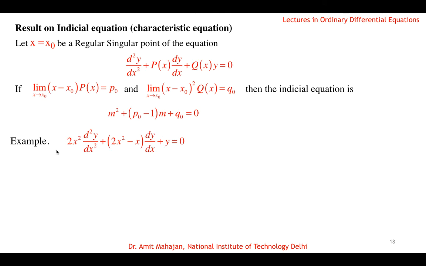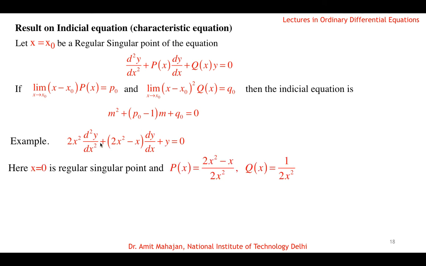I'll just show you, this is the first example we did today, the type 1 question. In this case x is equal to 0 is a regular singular point, and p x is (2x square minus x) by 2x square, and q x is 1 over 2x square. So if you calculate limit x tends to 0 of x p x and limit x tends to 0 of x square q x: limit x tends to 0 of x p is x times this p, and when you put x is equal to 0 here, you will find that the value is minus half.